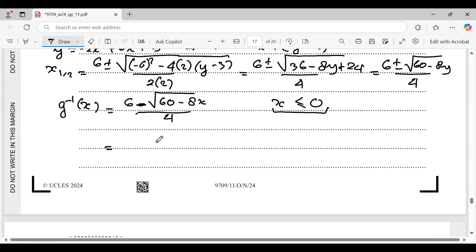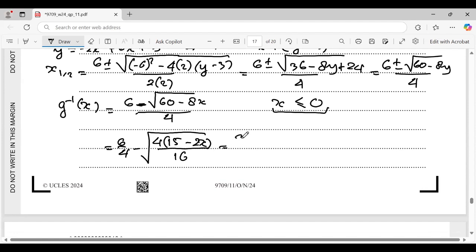And after that, simplify. If simplified, it becomes 6/4 minus the square root. I would like to factorize 16 out of 60 minus 8x, divided by 16, because the square root of 16 is equal to 4.